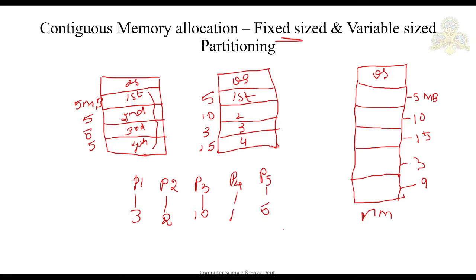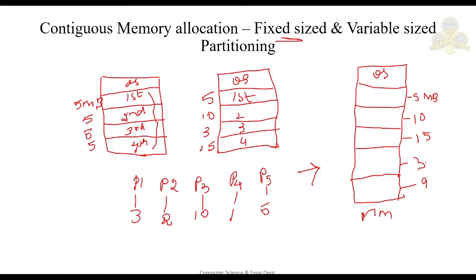Now these processes have to be kept in the main memory continuously, because we are talking about continuous memory allocation, and in that, fixed partitioning. The partition here can be fixed sized or variable sized. For our example, I have taken variable sized.